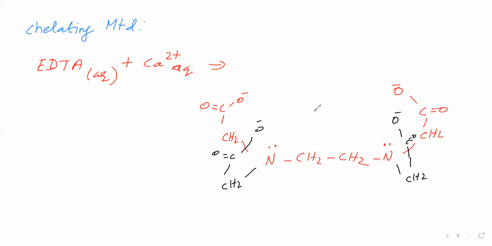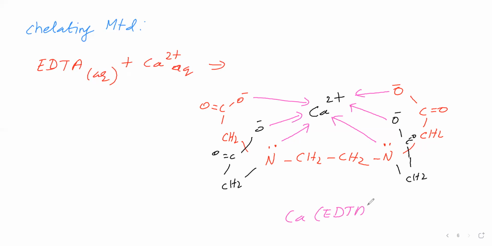Now we'll take the calcium ion present in the aqueous solution. EDTA takes the calcium ion, and what happens is it makes dative bonds. Every nitrogen makes a dative bond, O minus makes a dative bond. So it becomes a complex. Complex is produced. This complex we can write as Ca EDTA.